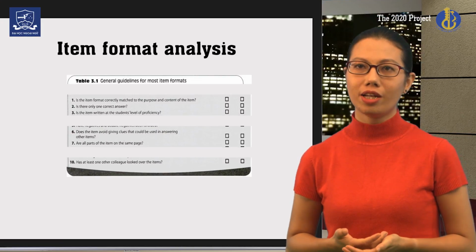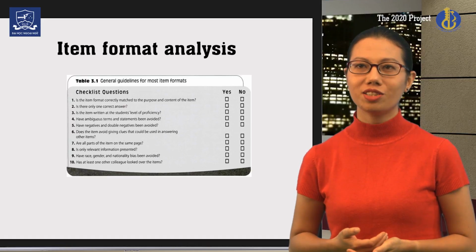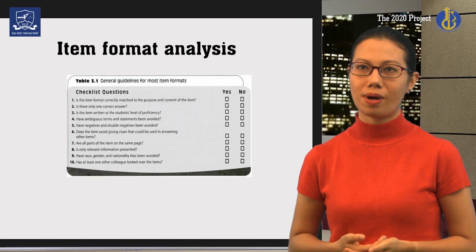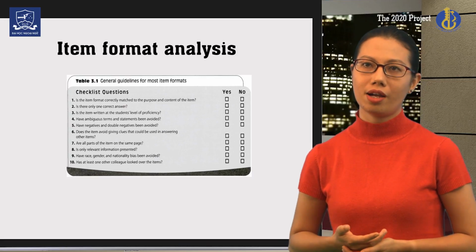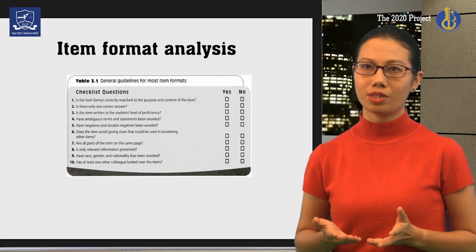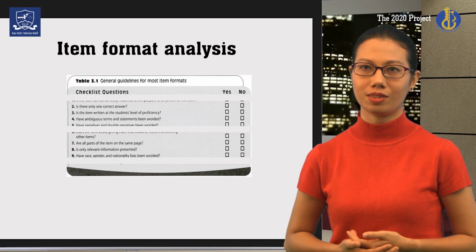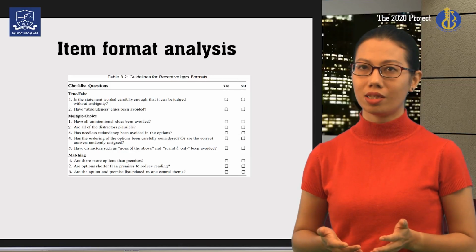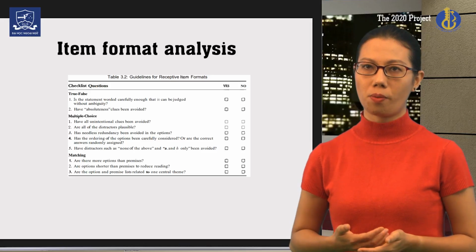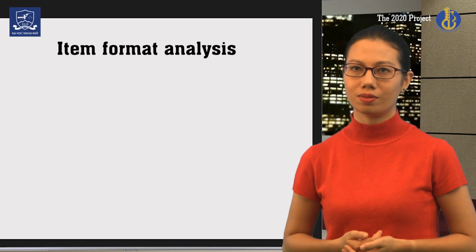The guidelines provided here are designed to help teachers make well-informed and relatively objective judgments about how well items are formatted. The first set of guidelines is a very general set that teachers can apply to virtually all types of items. A second set will help guide teachers to analyze receptive response item formats, true-false, multiple choice, and matching items.